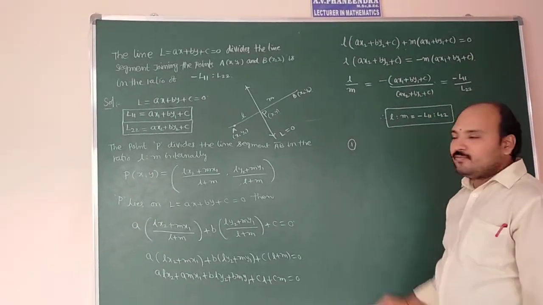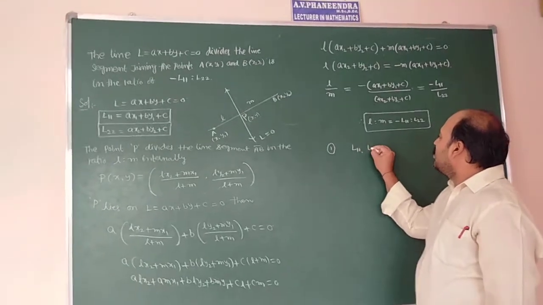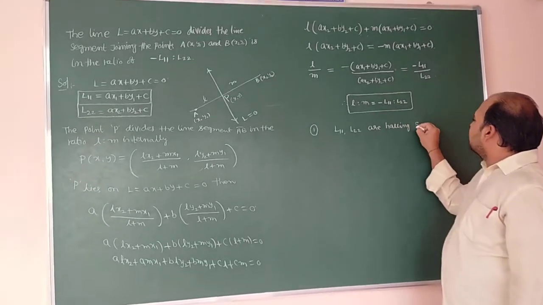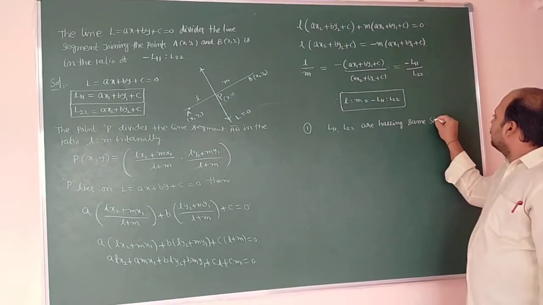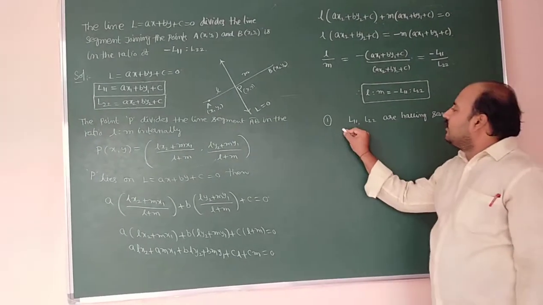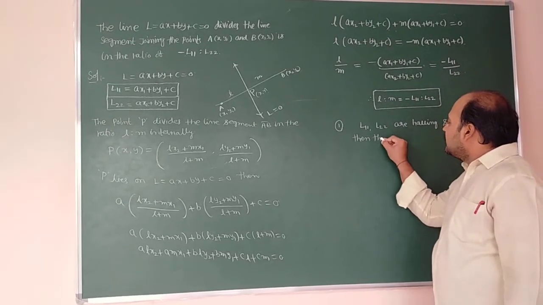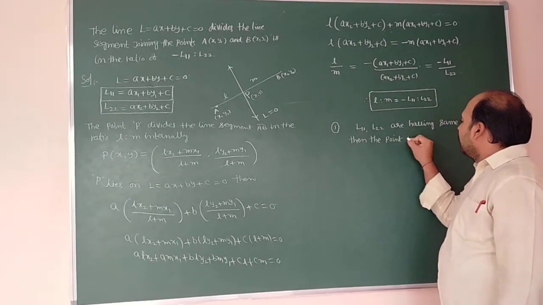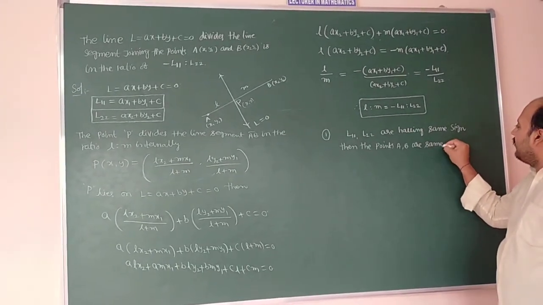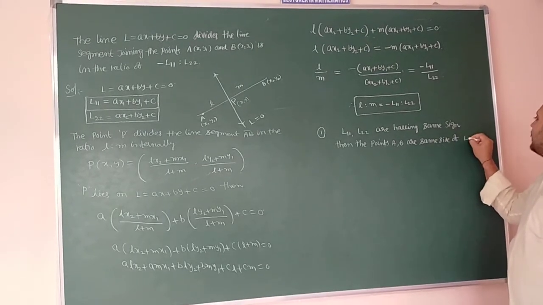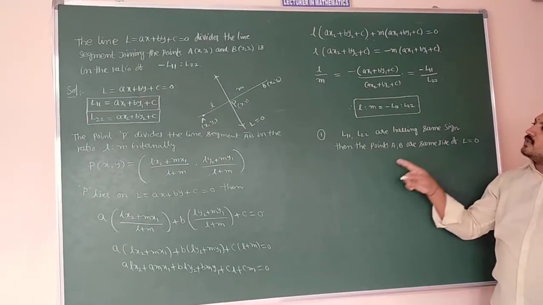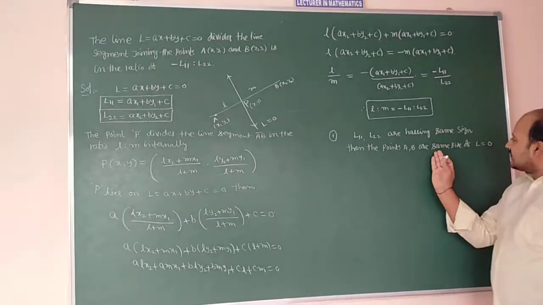Point number 1: if L11 and L22 have the same sign, then the points A, B are on the same side of L equal to 0. Whenever these two signs are the same, the points A and B are on the same side of the line L equal to 0.